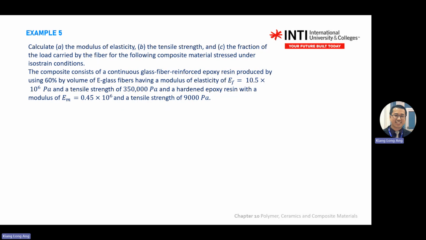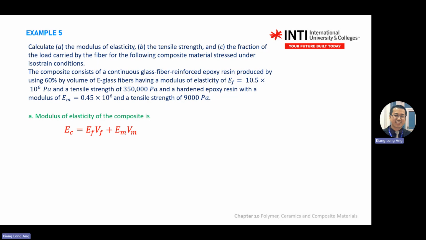So in your answer, what we expect is you write the rule of mixtures for binary composite, this one. Then you expand this one by using Hooke's law. Then you write this ratio between the force on the fiber and matrix. You extend. Then only you substitute values. So the first one, you write this one. I want this on the screen. How to derive this one?